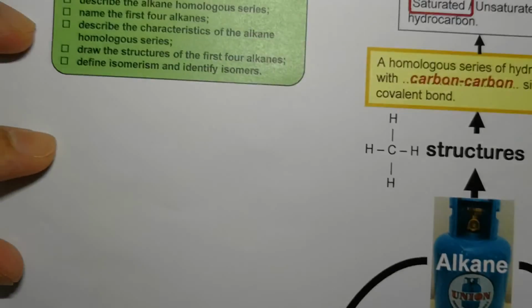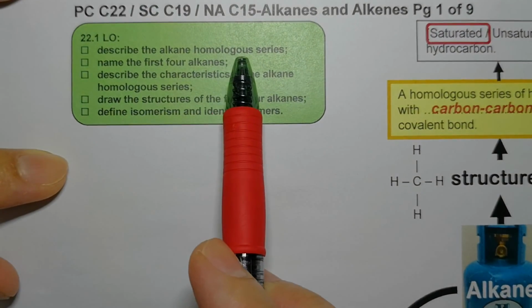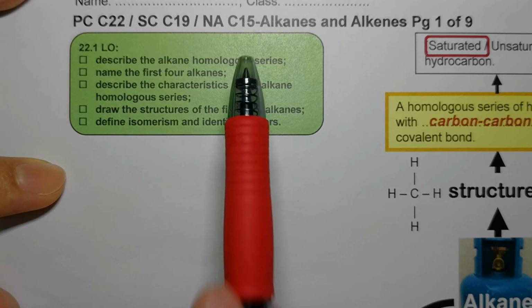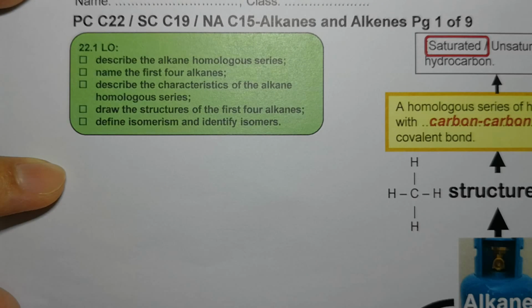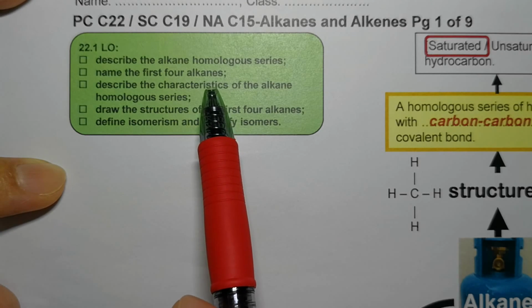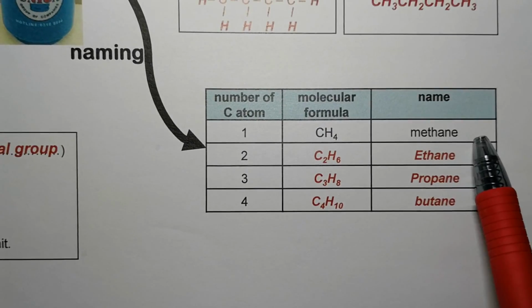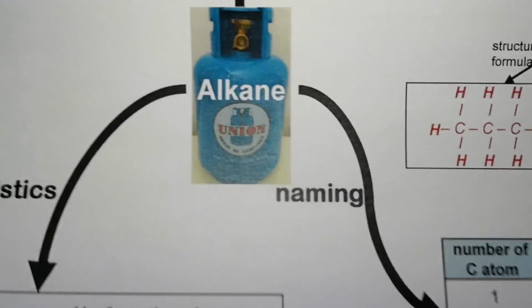So far we have already looked at the alkane homologous series. Describe the alkane homologous series: the general formula, the difference between each member, as well as the functional group, etc. Name the first 4 alkanes: methane, ethane, propane, butane.